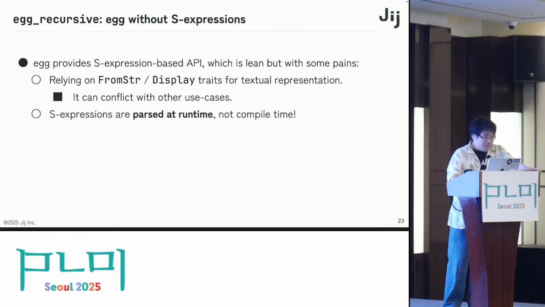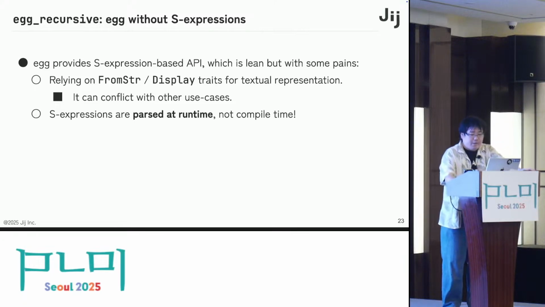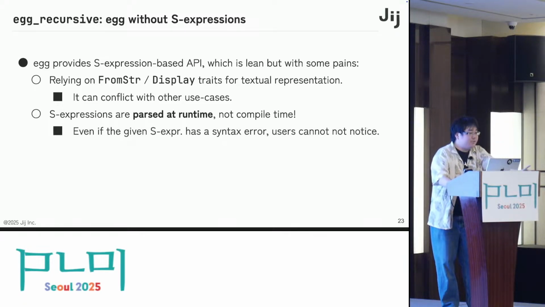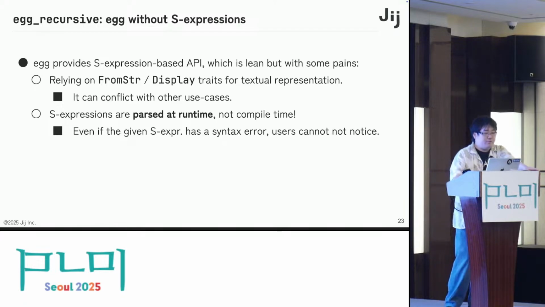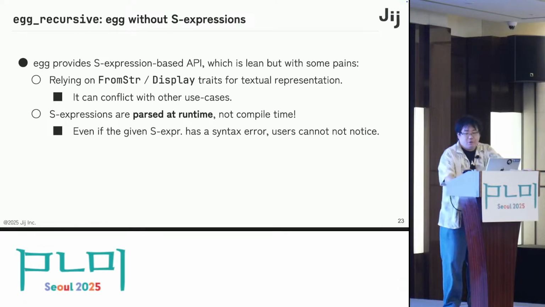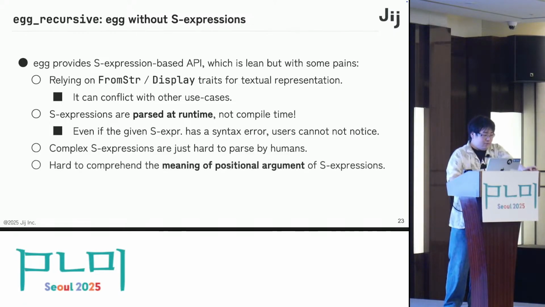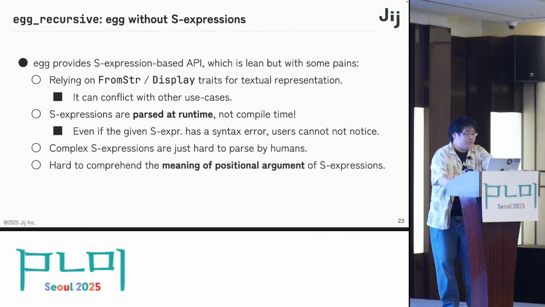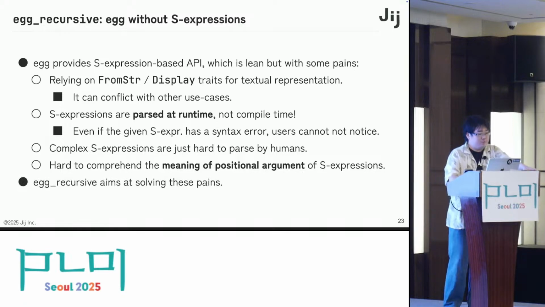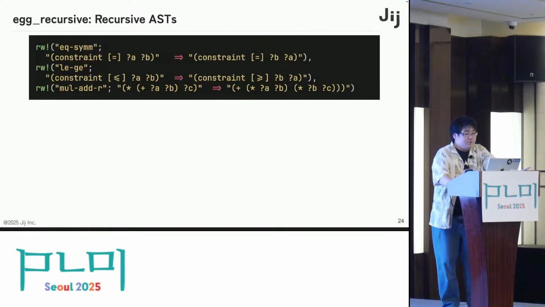They rely on from-string and display, so S-expressions are parsed at runtime, not compile time. So even if the given expression has a syntax error, users cannot notice. And complex expressions are just hard for humans to parse. It is also hard to comprehend the meaning of positional argument expressions, and egg-recursive aims to solve these pains.